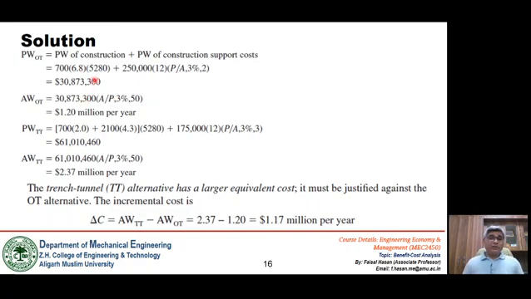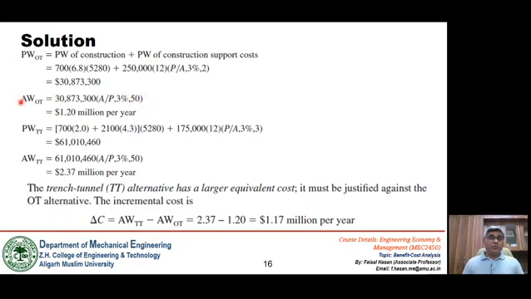So if we convert this open trench figure in terms of annuity, the present worth is given and we are interested in finding the annuities. So we can use the relationship between P and A. P is given, we can find A, the interest rate is 3%, and the time of the project is 50 years.